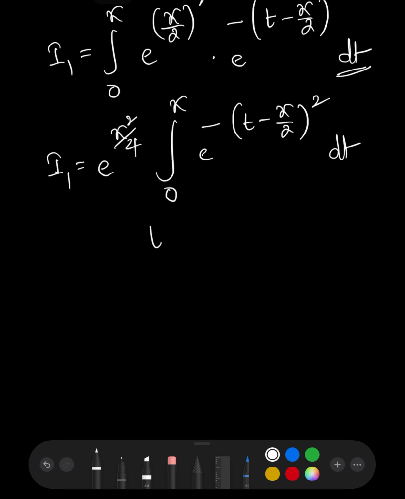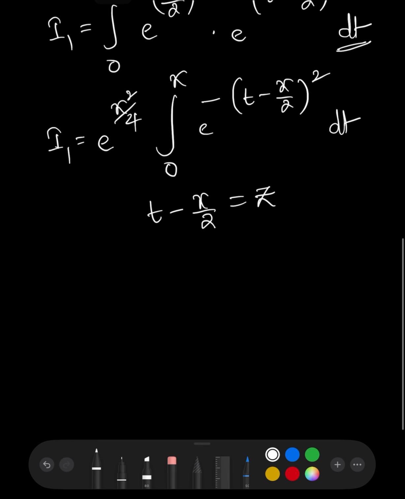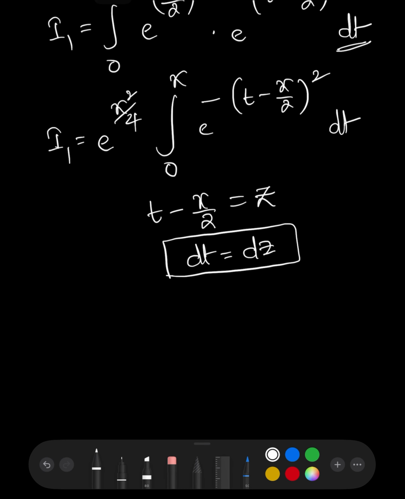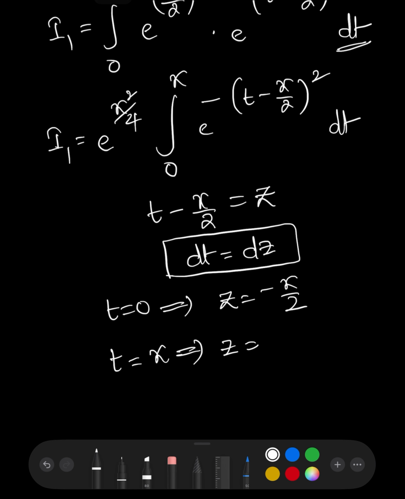Suppose t - x/2 = z. Differentiating, dt = dz. Coming to the boundaries: when t = 0, z = -x/2, and when t = x, z = x/2.